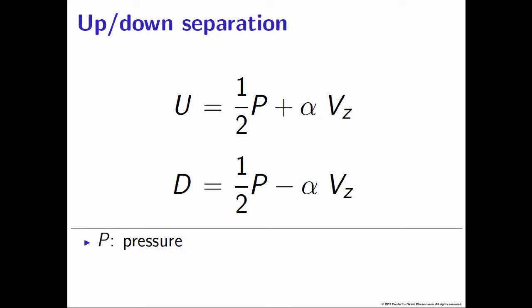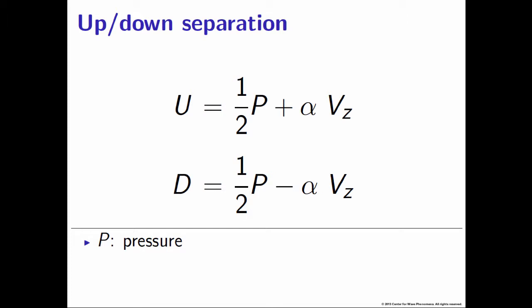Those are the equations we use for up and down separation. U represents the outgoing waves and D represents the downgoing waves. P is the pressure, which is recorded by the hydrophone, and VZ is the vertical component of the particle velocity, which is recorded by the geophone.